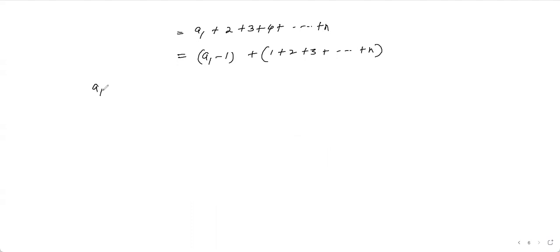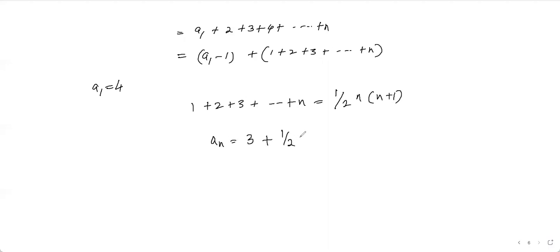Using a1 as 4, the standard result for 1 plus 2 plus 3 plus 4 up to n is one half times n times n plus 1. So an is 3 plus half of n into n plus 1. This is the explicit formula for an.